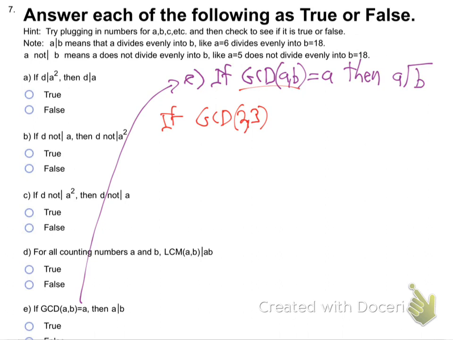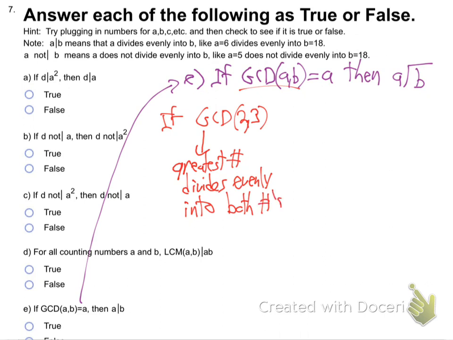The GCD is the greatest number that divides evenly into both numbers. Remember what a GCD is? So what's the biggest number that goes evenly into 2 and 3?